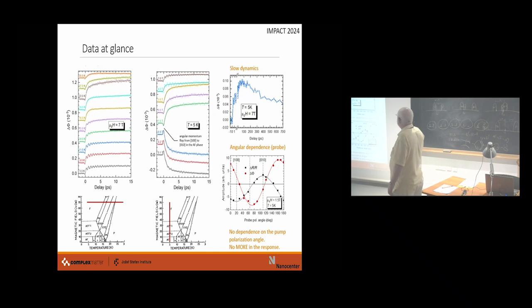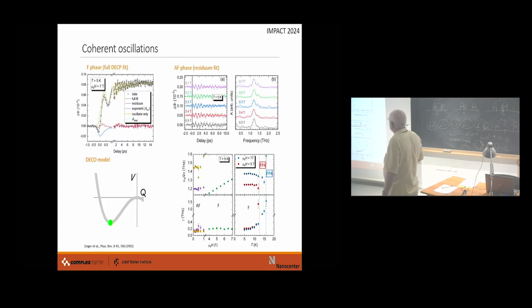On the long time scale, we see some slow relaxation, which we didn't really study in detail, so I will focus on the short time scale in my talk. And if we look at the probe polarization dependence, we actually see an isotropic signal consistent with delta mx, so longitudinal modulation of magnetization.